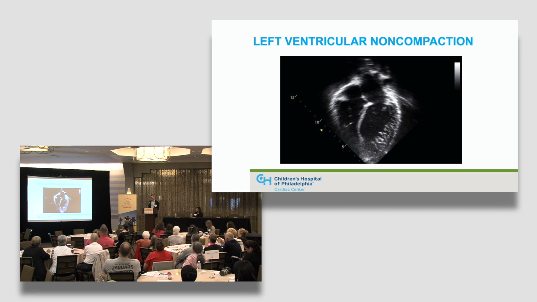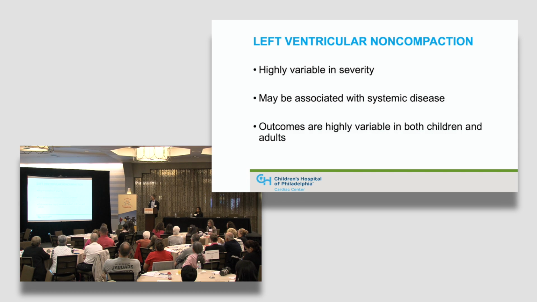Other children can be very, very sick with this and have rapidly progressing heart failure, refractory arrhythmias, be very challenging to treat. And they can certainly be associated with systemic disorders, and the outcomes are very variable. And some children do very well, some adults do very well, others have a more guarded prognosis.